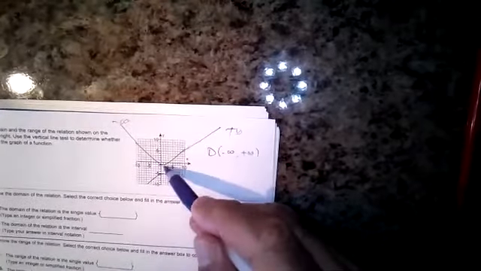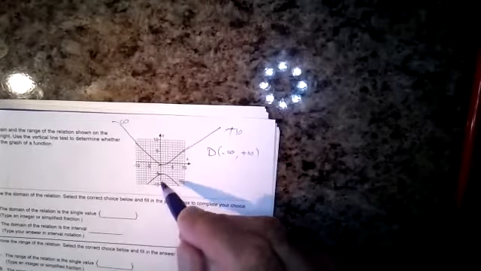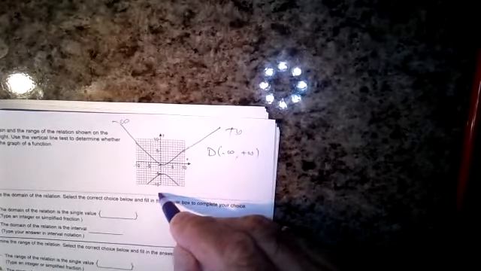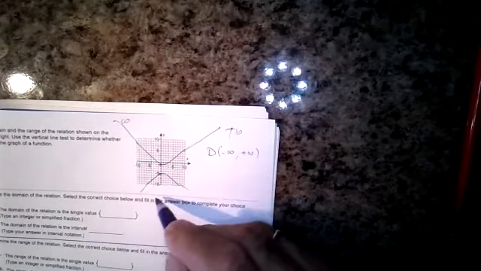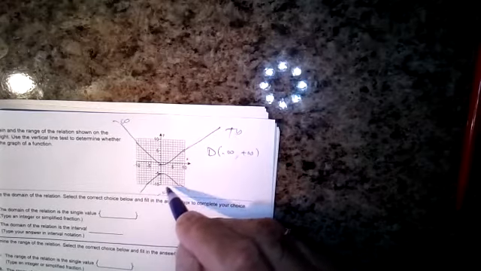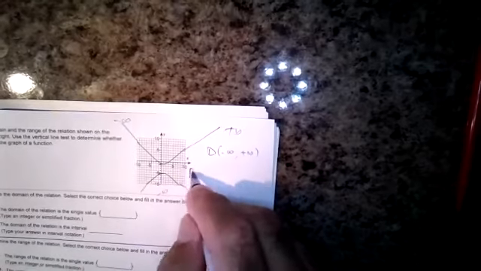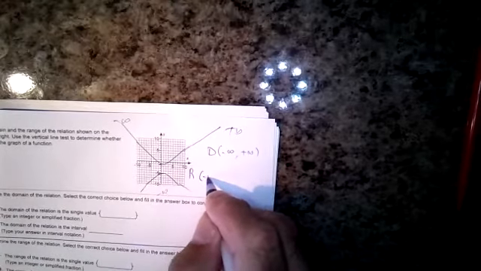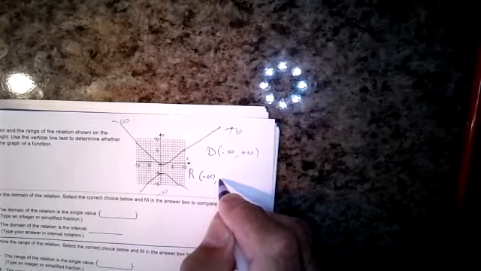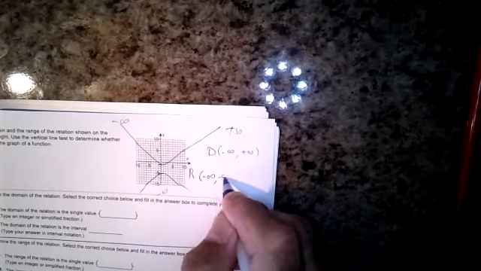But there is no y here. So for the y, the graph comes from here. It comes from minus infinity to -5. This is for the range, minus infinity and -5.